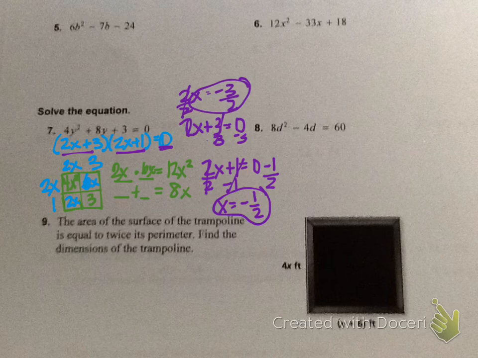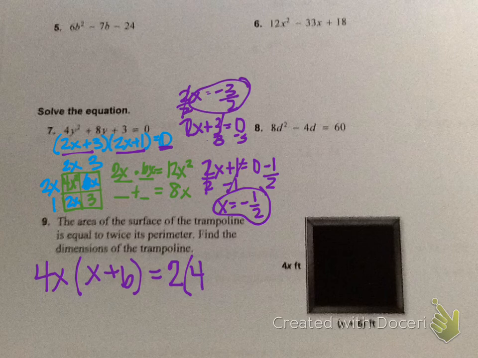And then on number 9, the area of the surface of the trampoline is equal to twice its perimeter. Find the dimensions of the trampoline. So the area is 4x times x plus 6 equals twice the perimeter. 2 times 4x plus 4x plus x plus 6 plus x plus 6.